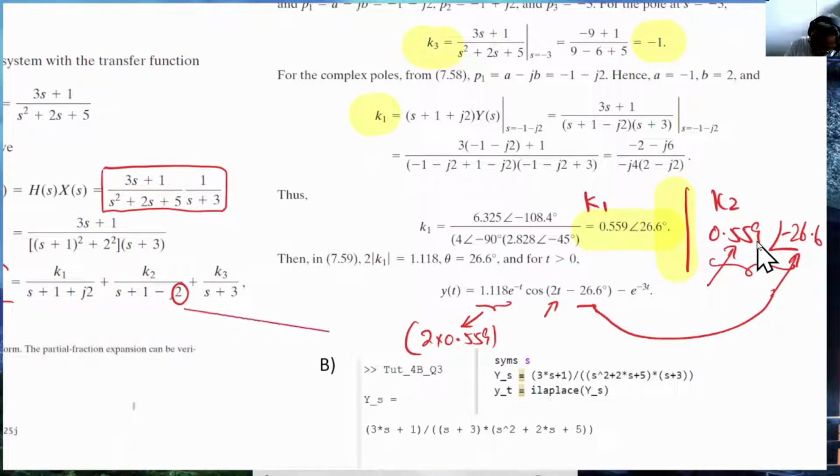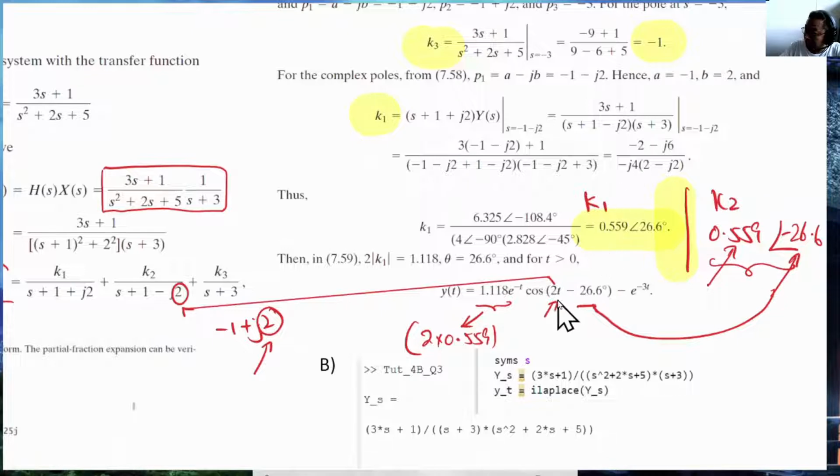it is the minus 1 plus j2, and this is the position of the omega naught at j2, positive j2. So that's why it is positive 2 here. And then what about this value of minus 1? This is sigma equals minus 1.